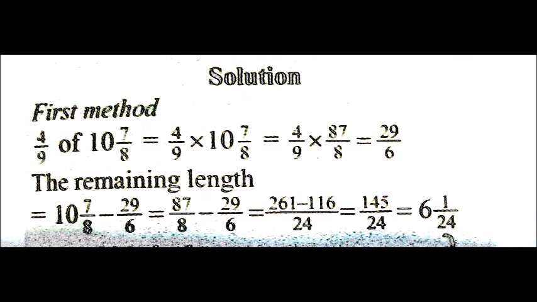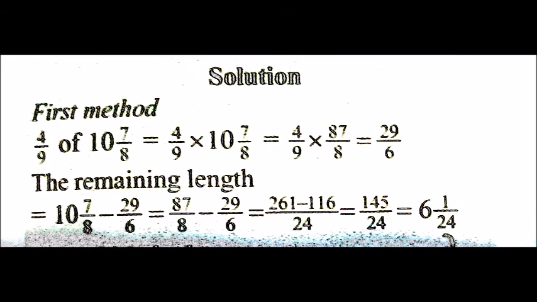So the LCM for 8 and 6 is 24. 8 going into 24, 3 times 87 is 261, minus 6 going into 24, 4 times 29 is 116. When you subtract, you get 145 over 24. This is improper fraction, so you change it into mixed fraction. 24 going into 145 6 times. So 6 whole number, remainder 1 over 24.